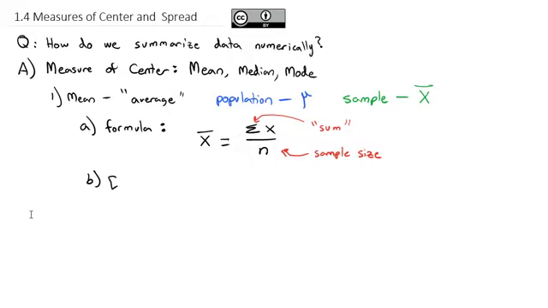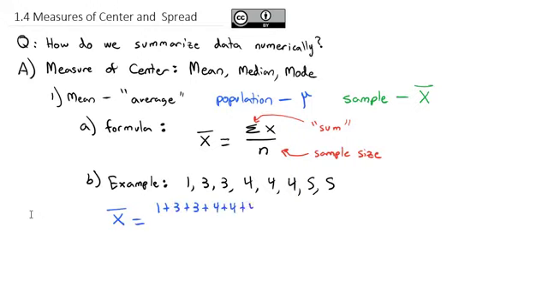So for example, if I had the numbers 1, 3, 3, 4, 4, 4, 5, 5, and I wanted to find the mean of this sample, the numerator says sum up all the x values, or do 1 plus 3 plus 3 plus 4 plus 4 plus 4 plus 5 plus 5, and divide by the sample size.